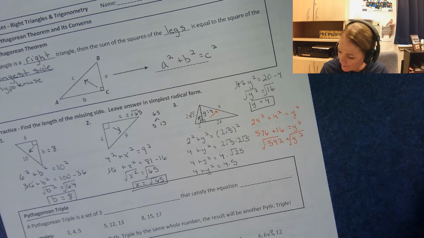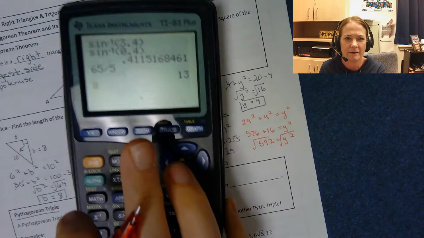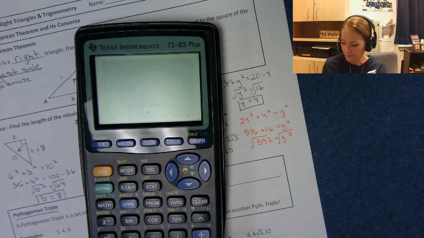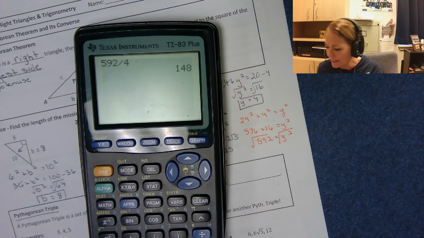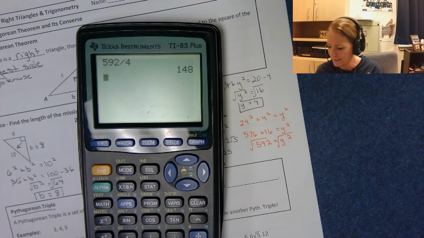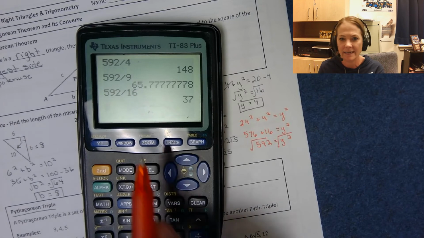All right, so we want to think about 592 and think about square numbers that might divide into 592. And so let's go 592. The first perfect square number is 4, and 4 divides into there 148 times. Okay, so I'm going to have to break it down there. What about 9? Nope. What's the next one? 16. Okay, and 16, I get 37.